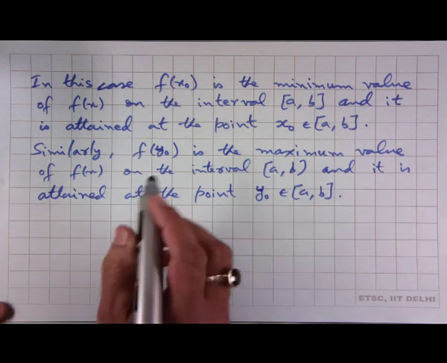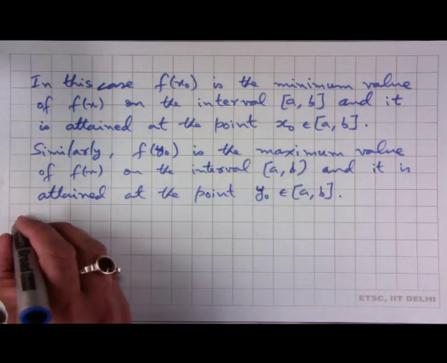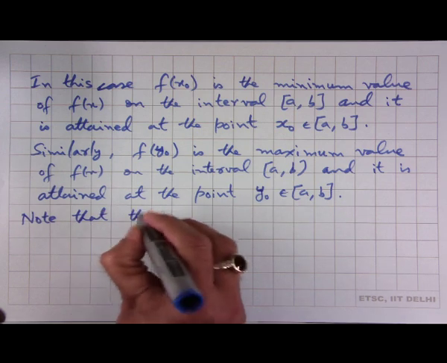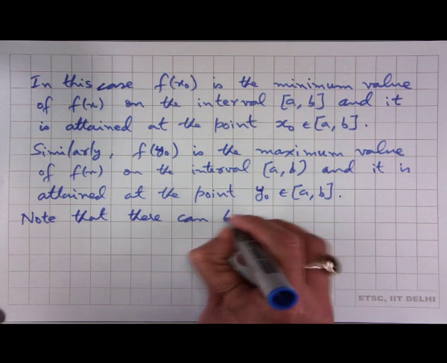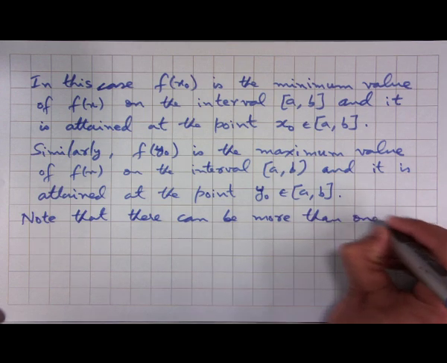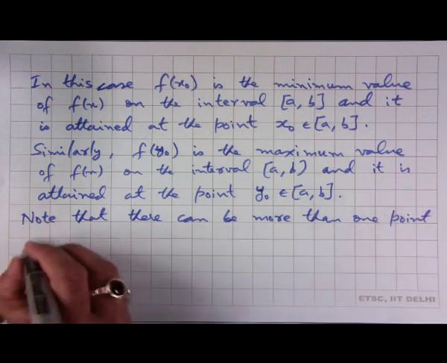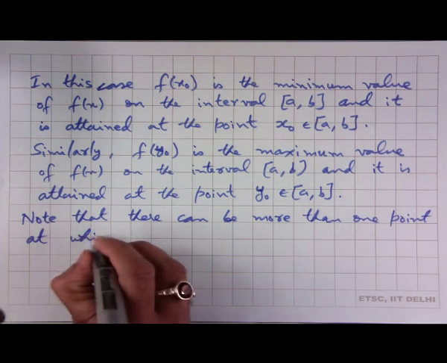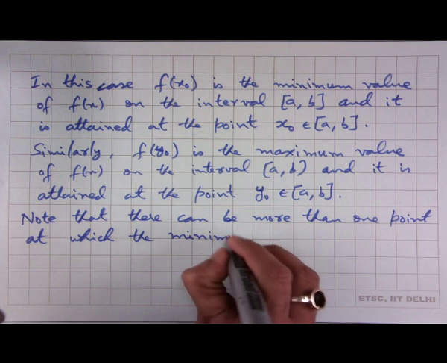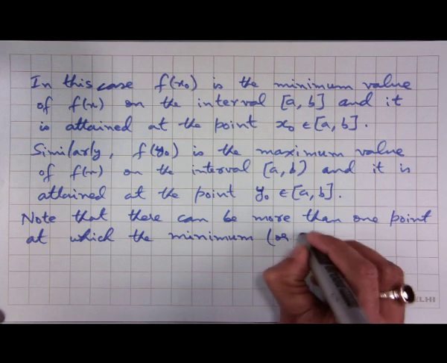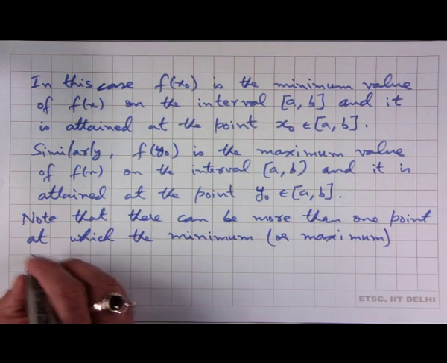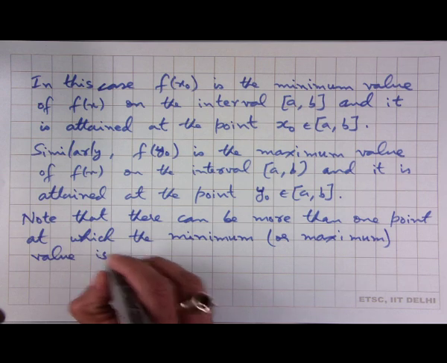Note that this x naught and y naught need not be unique. So, note that there can be more than one point at which the minimum or maximum value is attained.